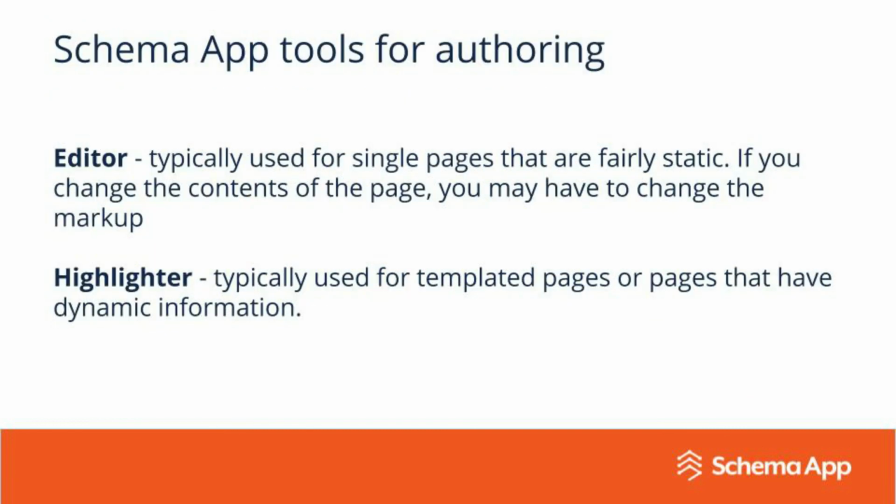So throughout this training, we've made references to the Schema App Editor and Highlighter. What's the difference? Well, we recommend that you use the editor for single pages that are fairly static. Note that if you change the contents of the page, you may also have to change the markup. Whereas the highlighter is typically used for templated pages or pages that have dynamic information.